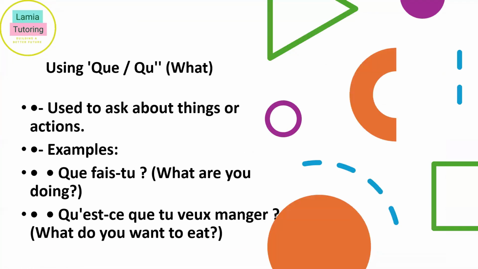Que or qu', what? Used to ask about things and actions. So examples: que fais-tu? What are you doing? Qu'est-ce que tu veux manger? What do you want to eat? So take it in your notebook, then we'll move to the exercise on this one.